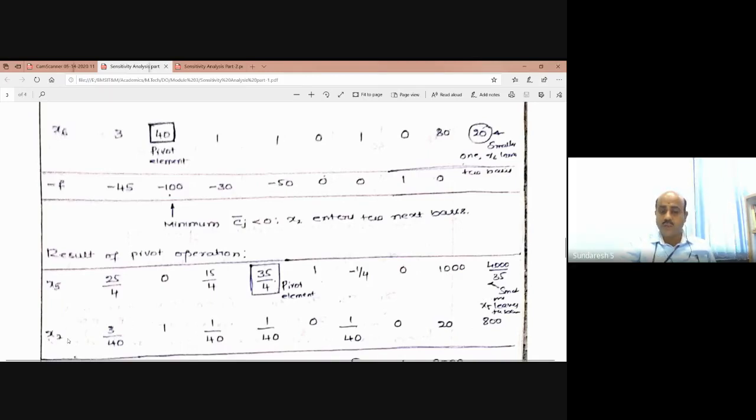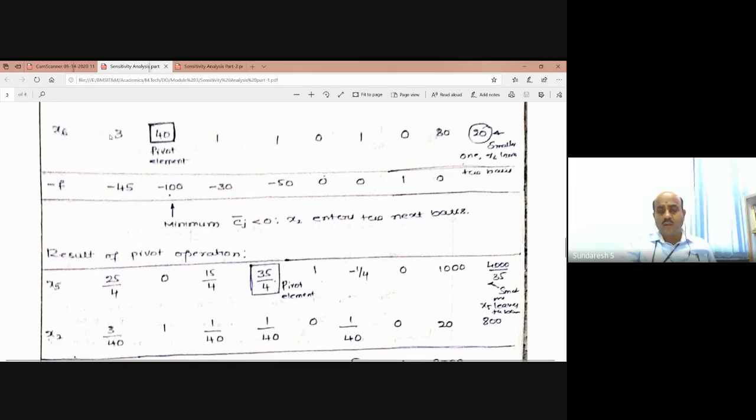So how we can do it here is, write down X2 in the similar way. Now the element we had for X6 in the first row was 3, right? So divide 3 by 40, the pivot element. All the elements in the X6 row will be divided by 40, and those values will be written as the values for the new variable X2. Okay, I will repeat once again.